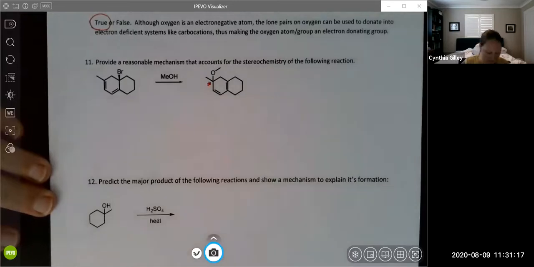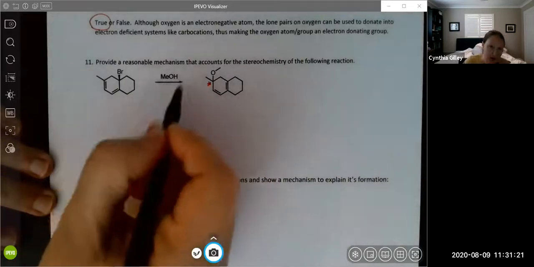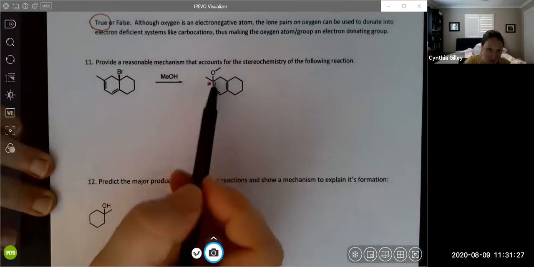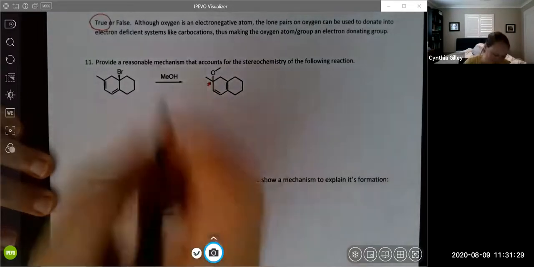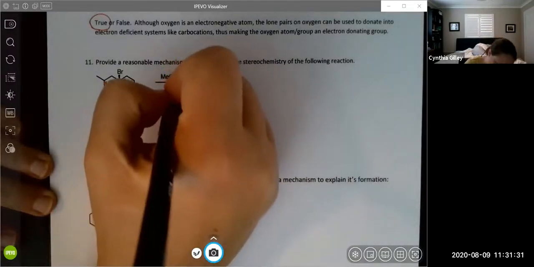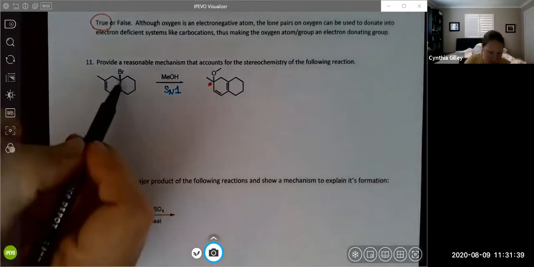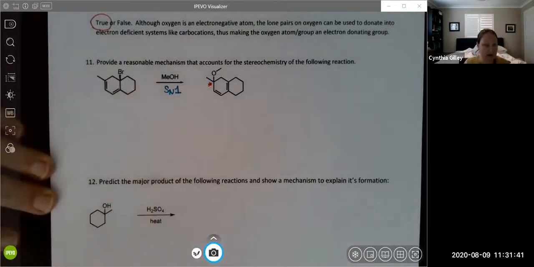So in terms of the mechanism, we have a weak nucleophile and weak base in methanol, and it is getting incorporated as a nucleophile. So we're definitely doing an SN1 reaction because of the weak nucleophile. A tertiary carbocation is going to be very stable.